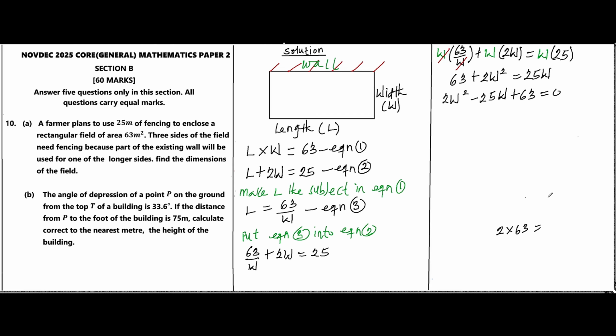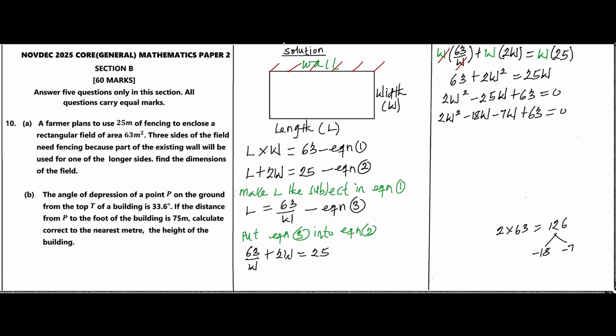When you multiply 2 by 63, that is 126. So let's find factors of 126 whose sum will give us minus 25. That is minus 18 and minus 7. So we have 2W squared minus 18W minus 7W plus 63 is equal to 0.